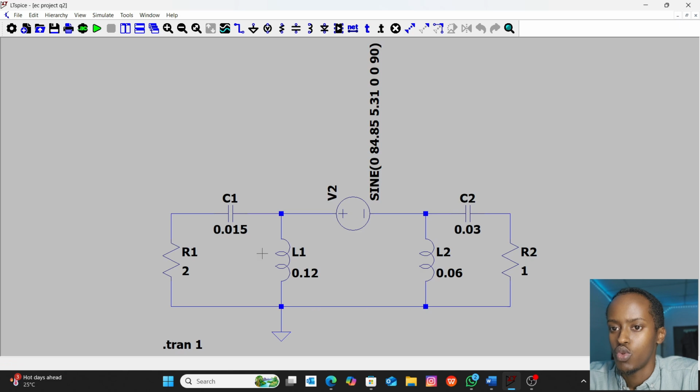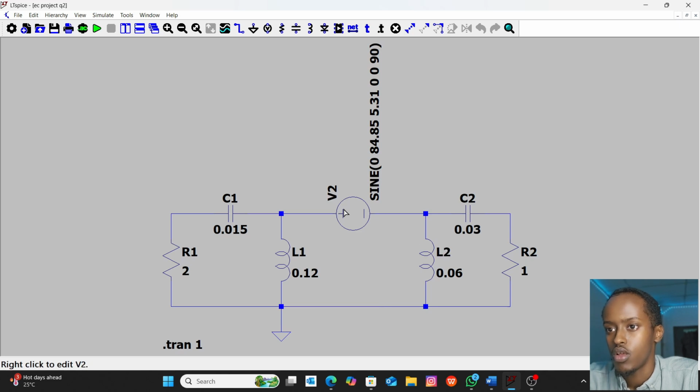and here is our simulation. As we mentioned in the report and in the manual calculation, we take capacitor 1 as 0.015 and capacitor 2 as 0.02, inductor 1 as 0.12 and inductor 2 as 0.06, and resistor R1 equals 2 ohm and R2 will be 1 ohm.